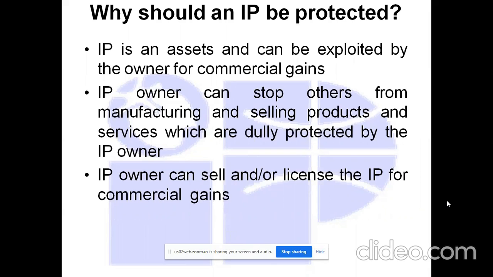Why do we need rules, regulations, or law for this IP? Because IP is an asset that can be exploited by the owner for commercial gains. The IP owner can stop others from manufacturing and selling products and services protected by the IP owner. The IP owner can sell or license the IP for commercial gain.